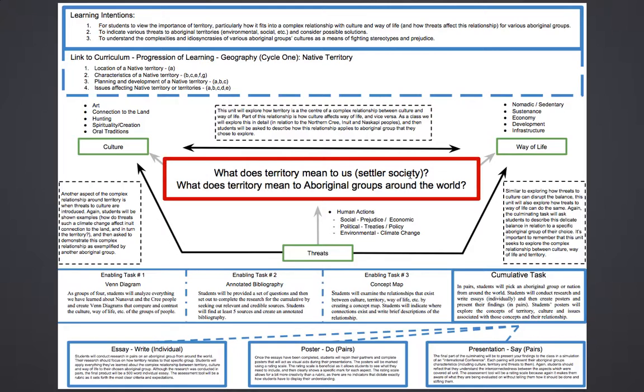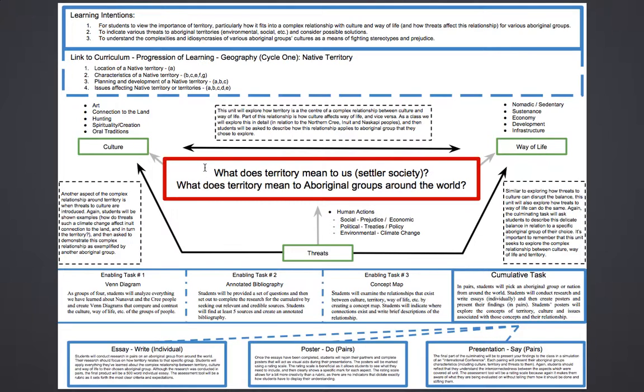As a class, we're going to be looking at this. I'll refer to it as a relationship from here on out, but how this relationship is visible with the Inuit people in Nunavut, how it is visible with the Cree people, and how it's visible with the Naskapi people.